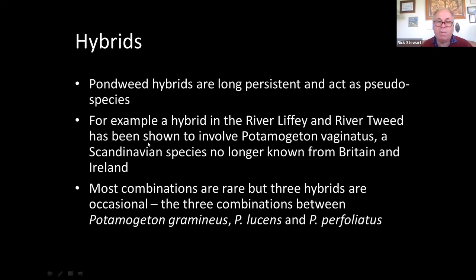But the hybrid involving lucens and gramineus occurs more widely in Scotland, and may be a sort of relic from the Atlantic period when the climate was warmer, and maybe lucens at that time extended further north.